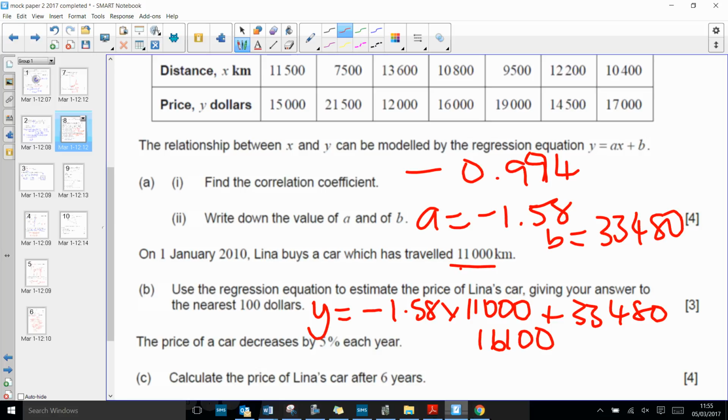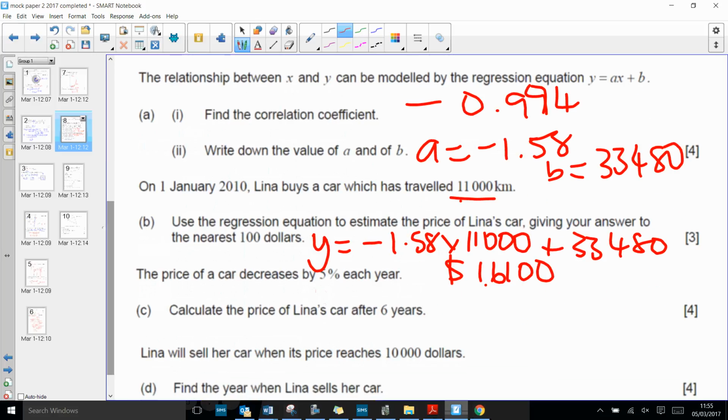Good. Okay. Let's start this. The price of a car decreases by 5% each year. So if something is decreasing, we would multiply it by 0.95. Calculate the price of Lena's car after 6 years. So it started... Okay, so 16100 is our starting value. I'm just reading the question.